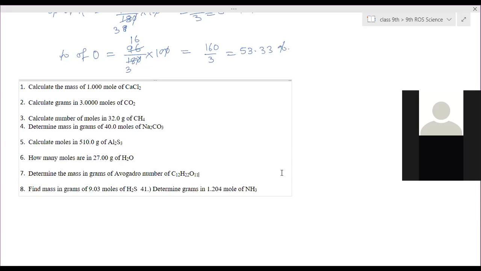Fifth one? 3.4 moles. Sixth one? 1.5 moles. Ma'am, 342 grams. Ma'am, the fourth one, what's the answer? 4240. Ma'am, sorry, I got 111 grams for the first one. Just correct.